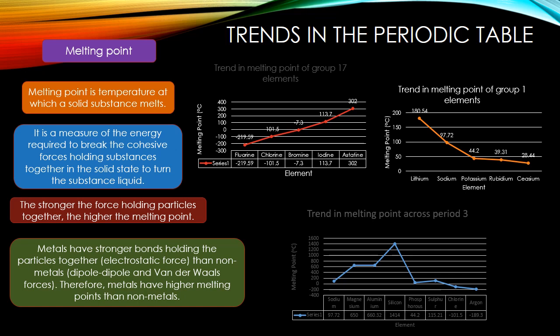You can see that it increases from sodium to aluminum, because the electrostatic force within the particles gets stronger. So aluminum has a stronger metallic bond than sodium. It peaks at silicon. Silicon, being a group 14 element, exhibits the giant molecular property, and then it begins to decrease until it gets to argon.